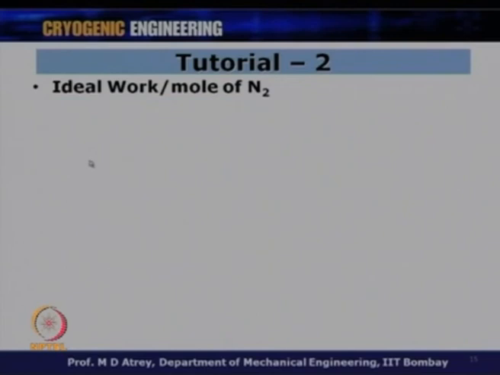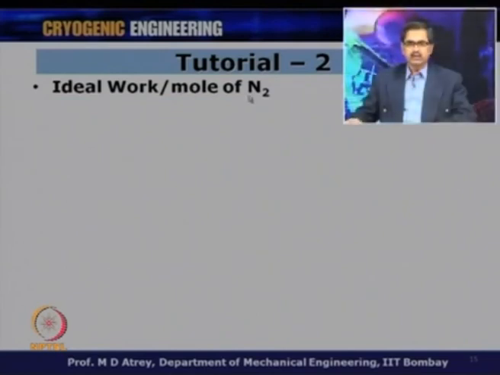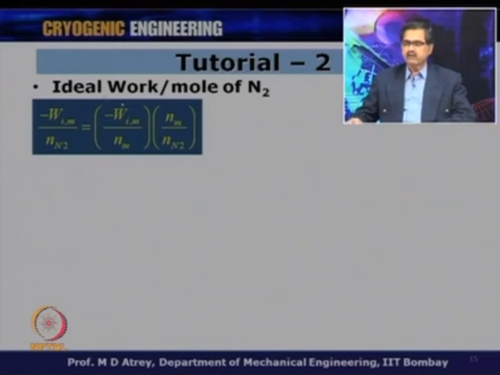Now, I would like to write the same work in terms of mole of nitrogen. So, now I will be using ideal work per mole of nitrogen. How do I calculate that? For that I will use a formula. Wim upon Nn2 is what is required. Work of separation of mixture per mole of nitrogen can also be written as work of separation of mixture per mole of mixture into moles of mixture divided by moles of nitrogen.